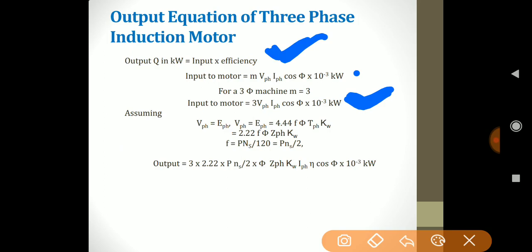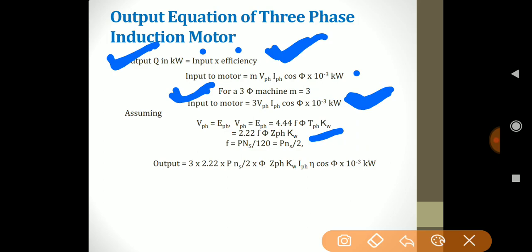So what I have got, output is equal to 3 into, now how are these terms taken? First of all, I have written the formula for output is equal to input into efficiency. Second thing, input of the motor is equal to 3 VPH IPH cos phi into 10 raised to minus 3. This much kilowatt is the input.